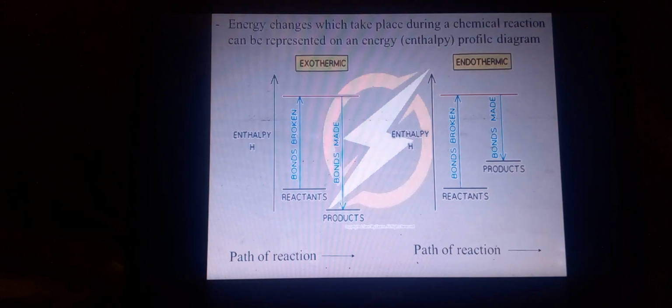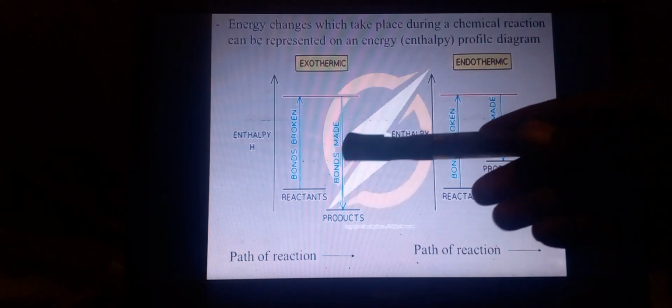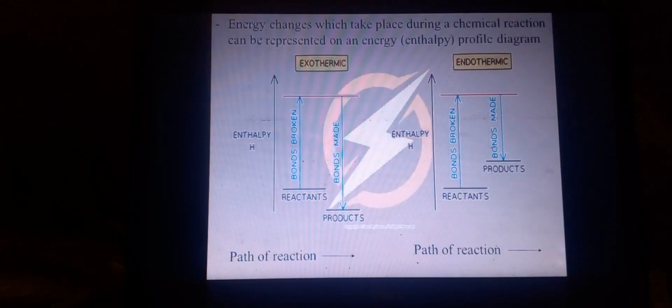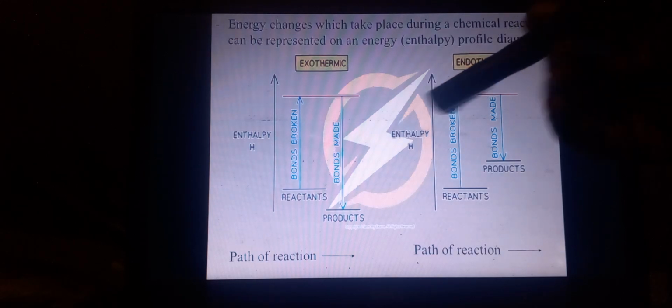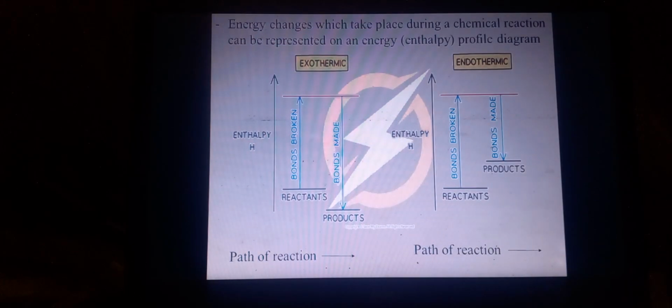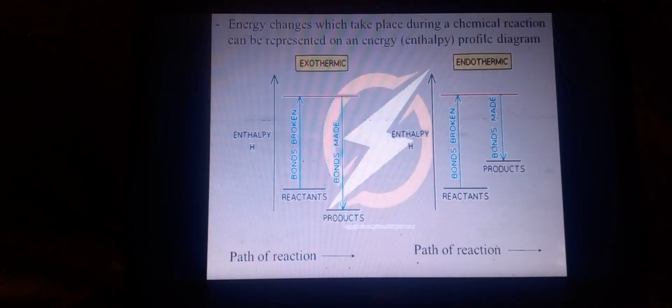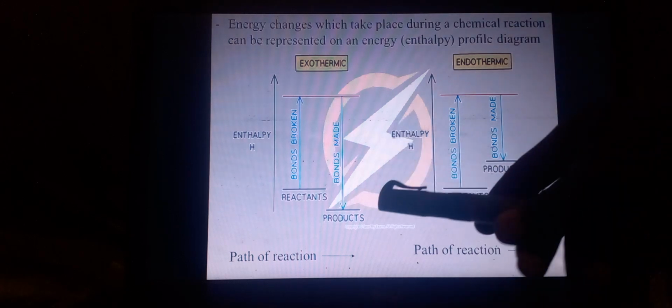Energy changes which take place during a chemical reaction can be represented by use of energy level diagrams or energy profile diagrams. The first profile demonstrates an exothermic reaction, whereby much of the heat is involved during formation of new bonds as compared to breaking of the bonds. You'll find that the reactants have a greater amount of energy compared to the products, because much of the heat is released to the surroundings during formation of the products.